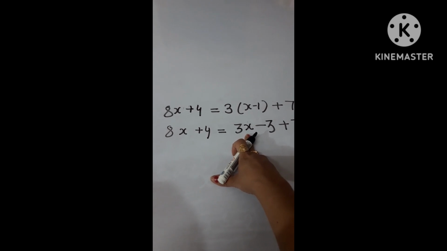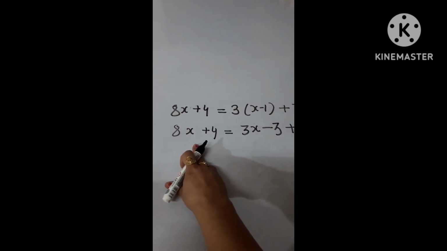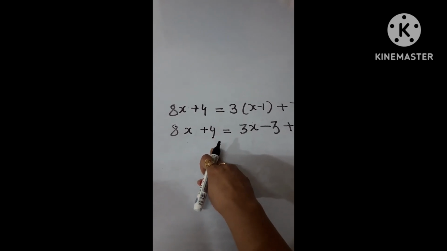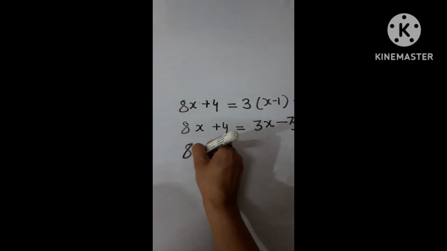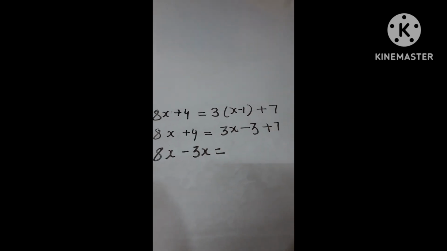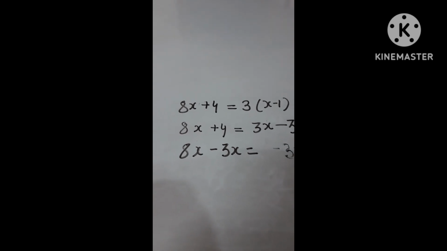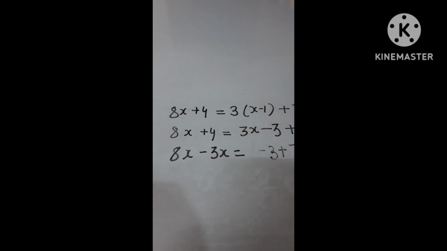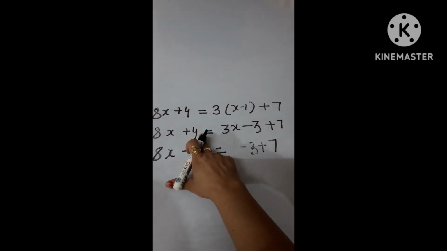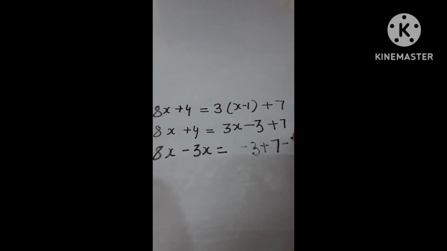This 3x is in plus over here. When you change its side, it will become minus 3x. Okay, because plus will change into minus. Okay, so 8x minus 3x. Now minus 3 plus 7. Okay, when this plus 4 side will be changed, it will become minus 4.